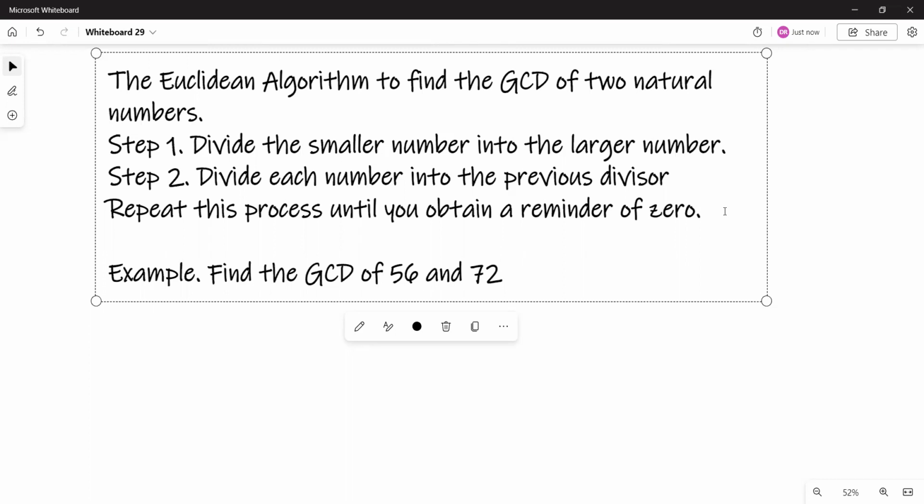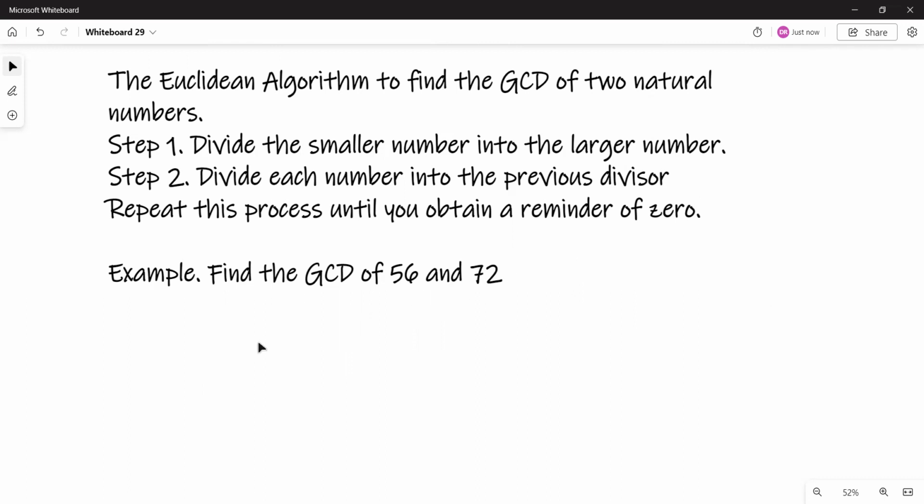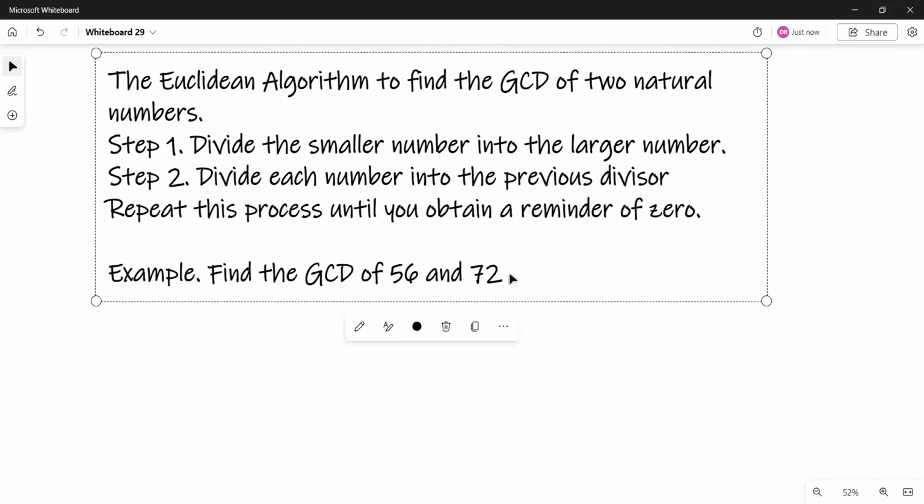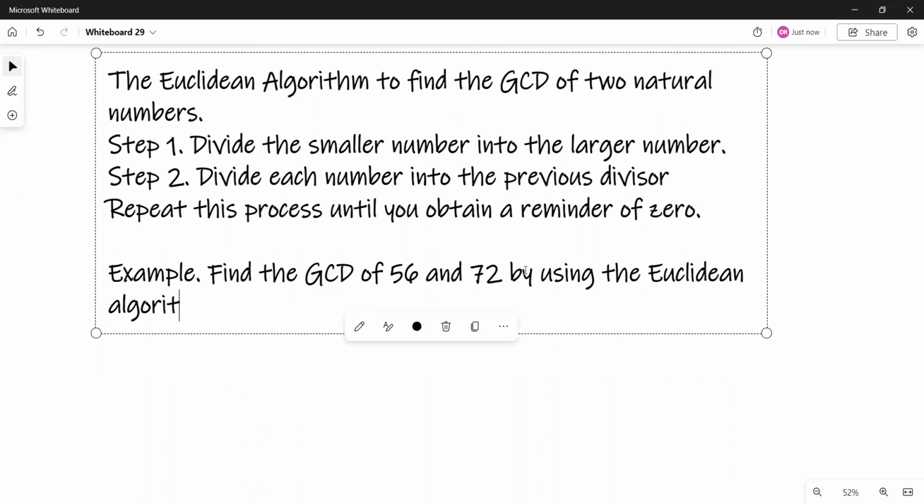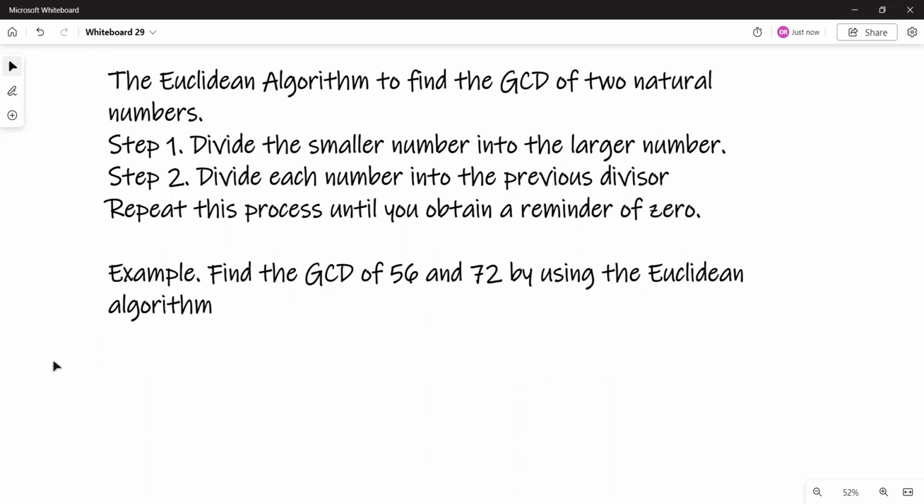But first we're going to find the greatest common divisor of these two by using the Euclidean algorithm. Step number one is to divide the smaller number into the larger number. Okay, so let's do the division.